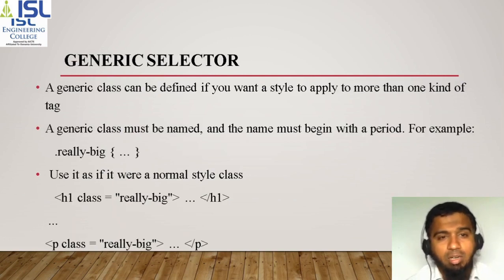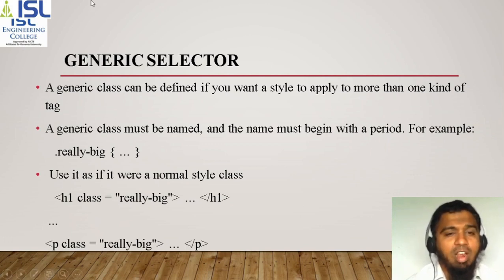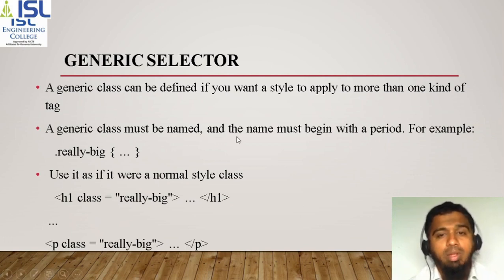A generic selector can be defined if you want a style to apply to more than one kind of tag. A generic class must be named and the name must begin with a period, for example, dot reallybig.